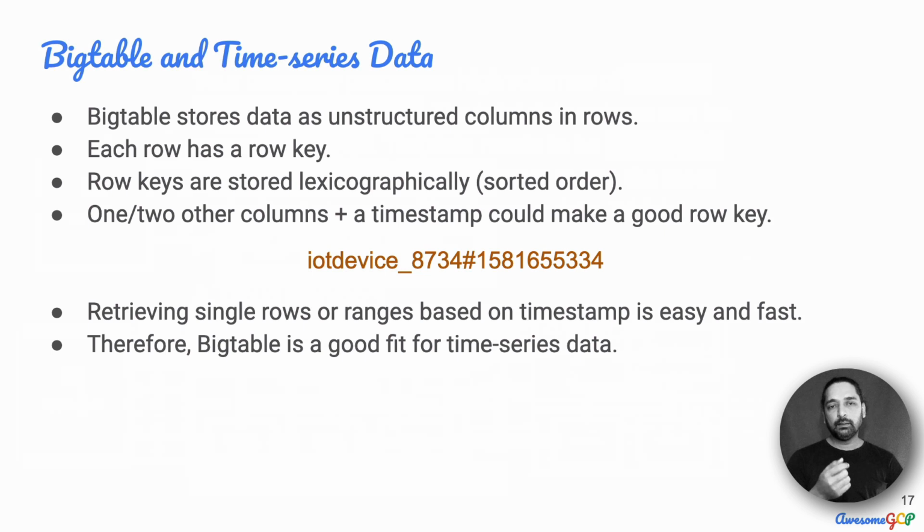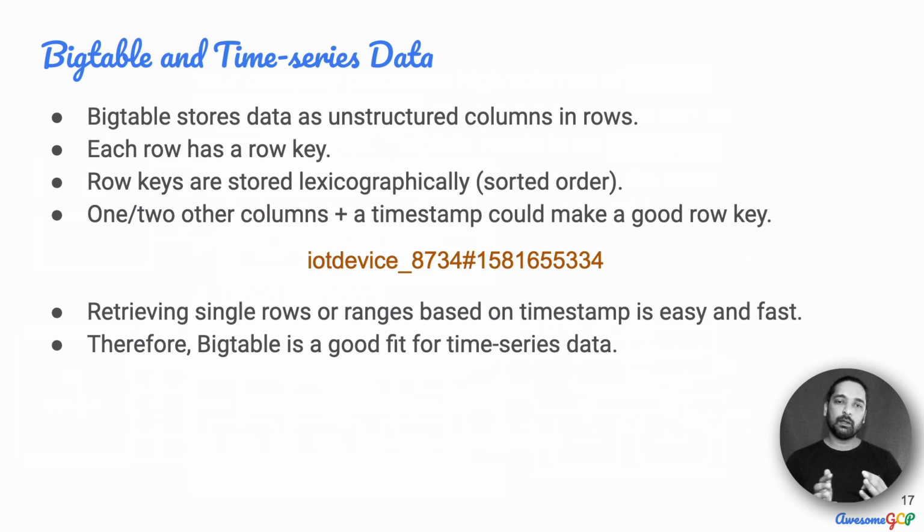The way IoT data is, and the way Bigtable is designed, you can make a good row key by combining certain columns within your data with a timestamp. Since it is sorted lexicographically, it is easy to take out any range of data.